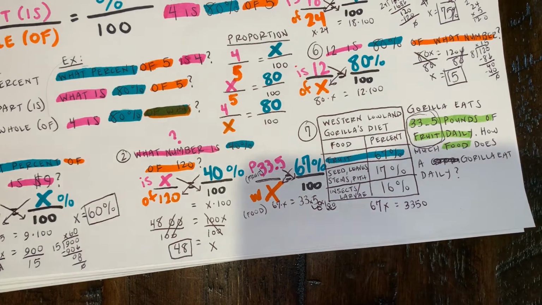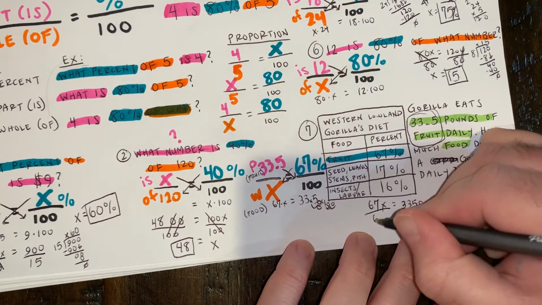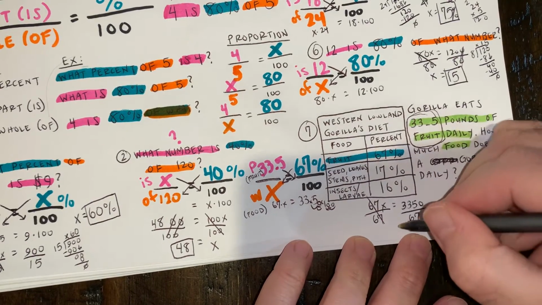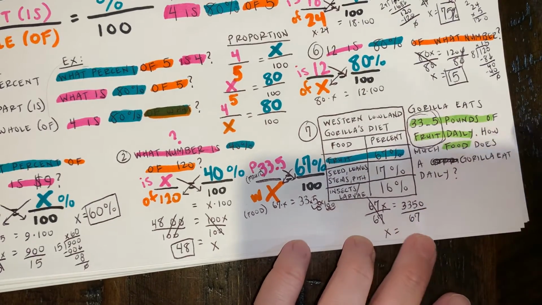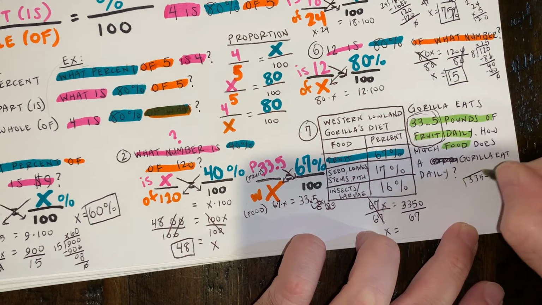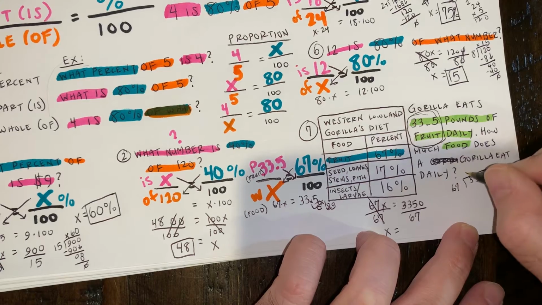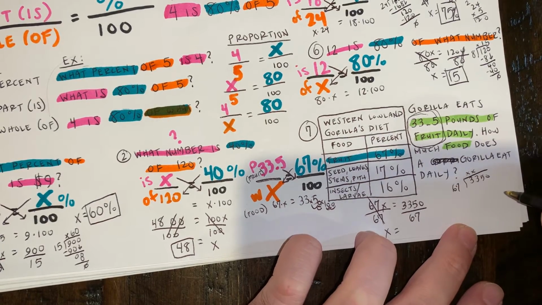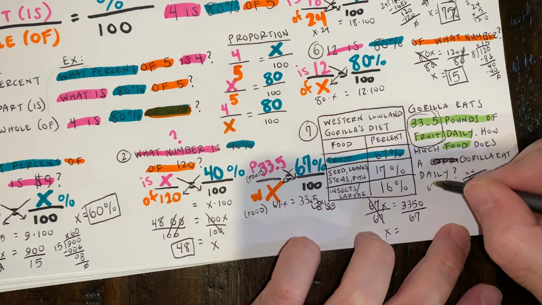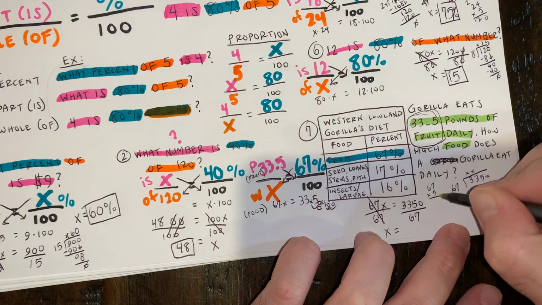So all you're going to do now is divide by the number that has the x on both sides. The same number cancels out. You're left with 3350 divided by 67. Let's try 5. 67 times 5 gives me 35.